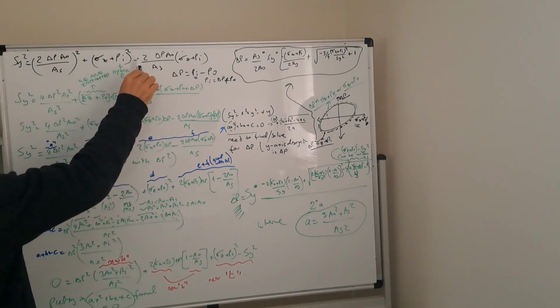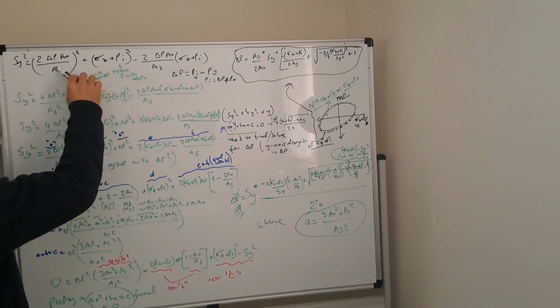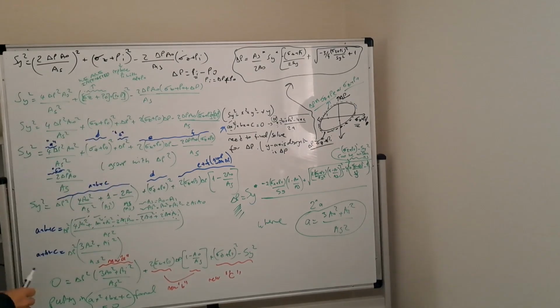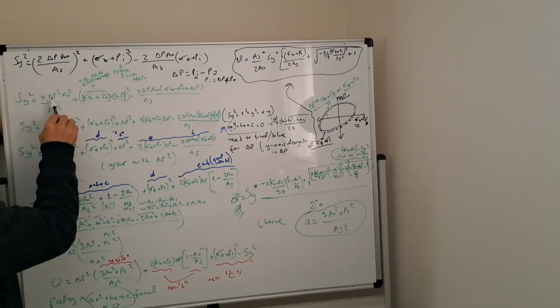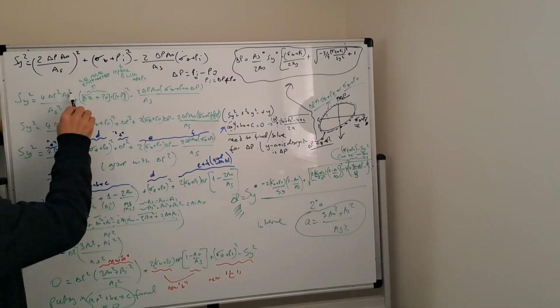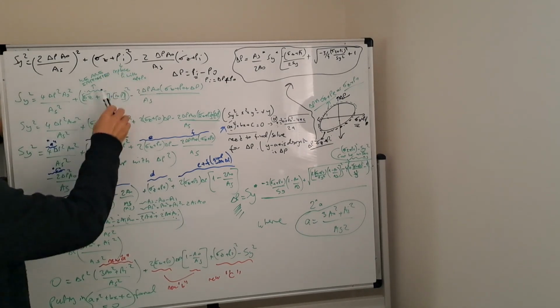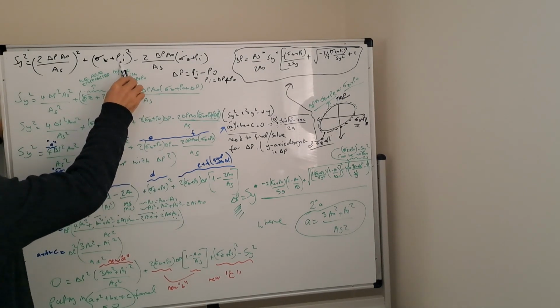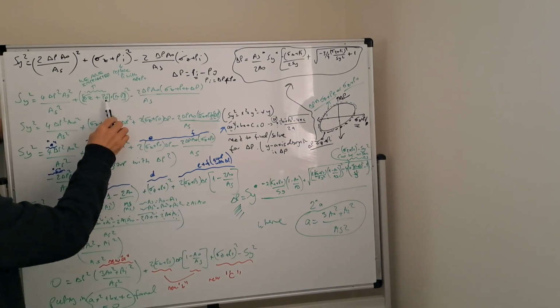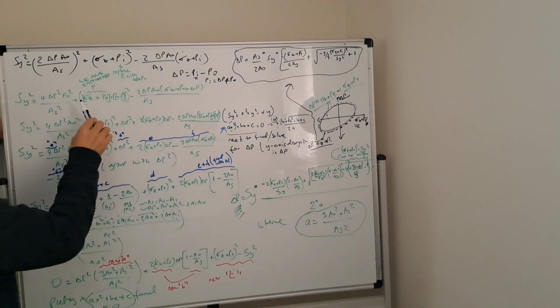If I take the simple items from the squares, this will be 4 times delta P square times outer area square divided by cross section square.